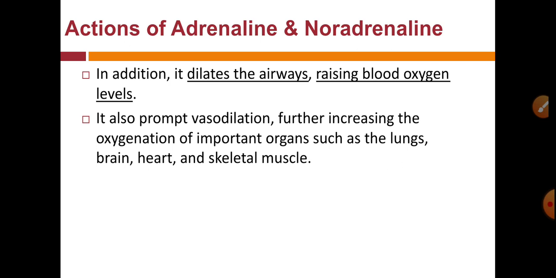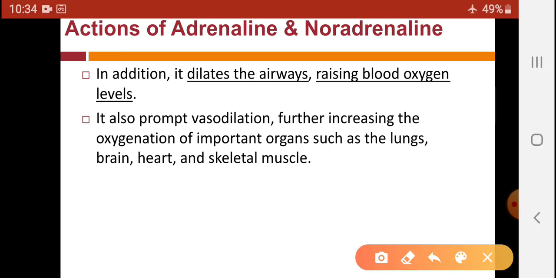So adrenaline and noradrenaline cause prompt vasodilatation, further increasing the oxygenation of important organs such as lungs, brain, heart and skeletal muscle. During the fight or flight mechanism, these important organs require more oxygen.